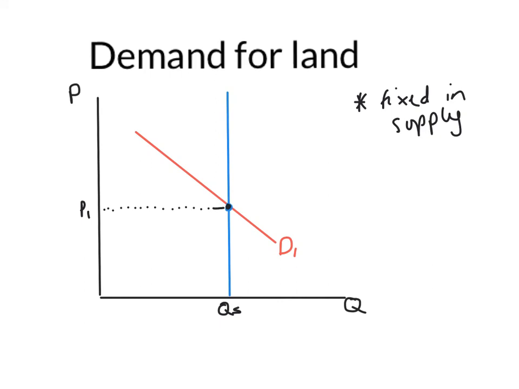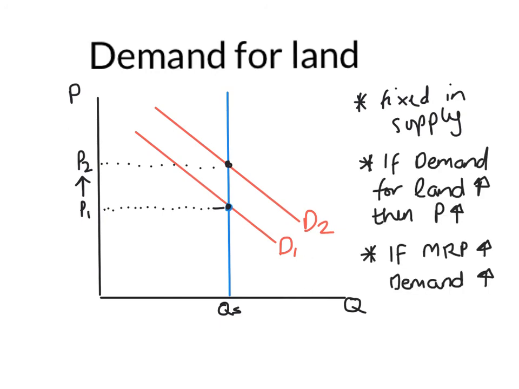So when it shifts the curve to the right, we get this new D2. And what we're going to see then is that we have the exact same quantity supplied. So quantity supplied has not changed, but we have a higher price. So we have a big increase in price there. And that's what happens with demand.